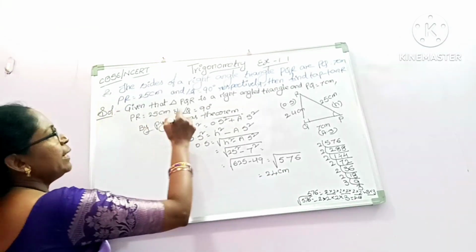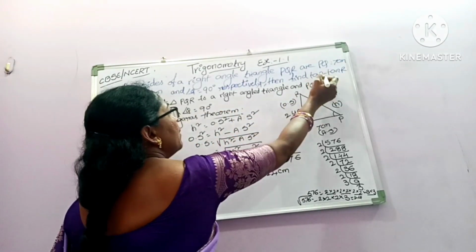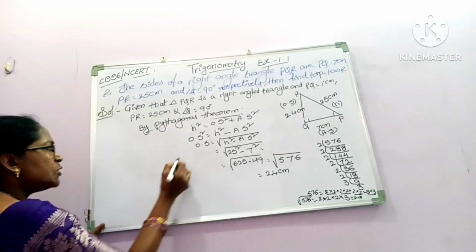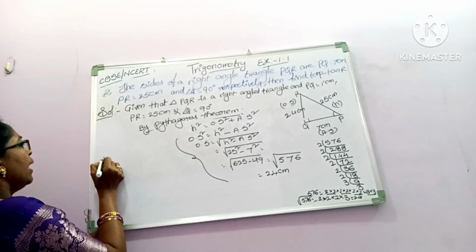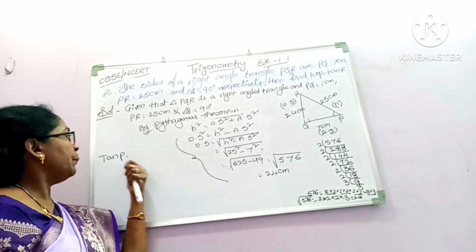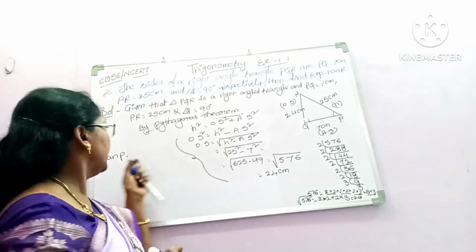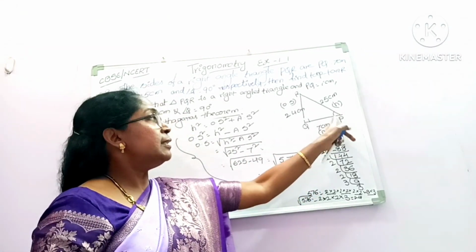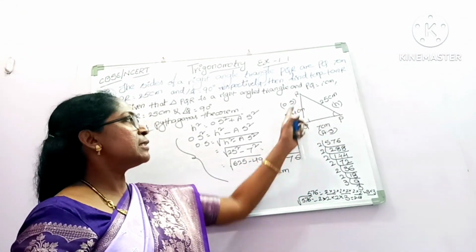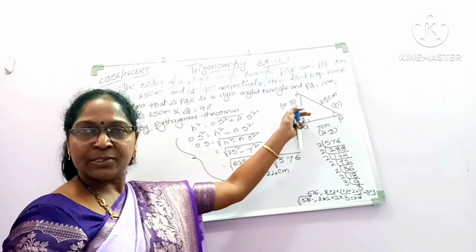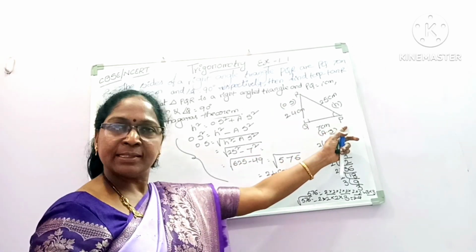Now what you have to find out is tan P minus tan R, where tan P equals, I am writing here, tan P equals. Here P is nothing but the angle. P is the reference angle. For this reference angle, which is the opposite side? QR. That is the opposite side I already mentioned. And this is the adjacent side.